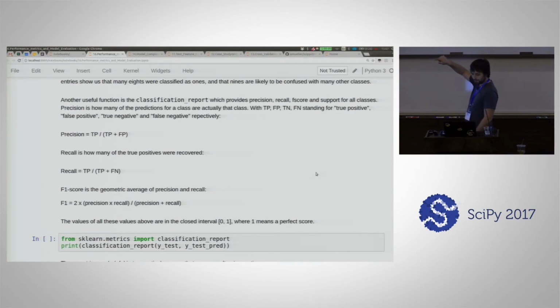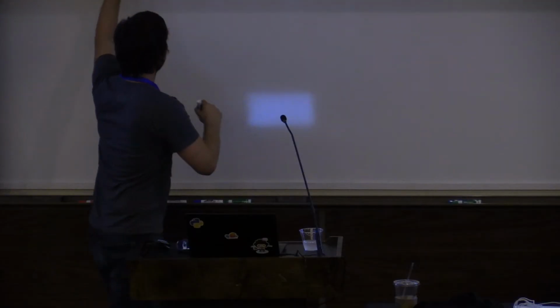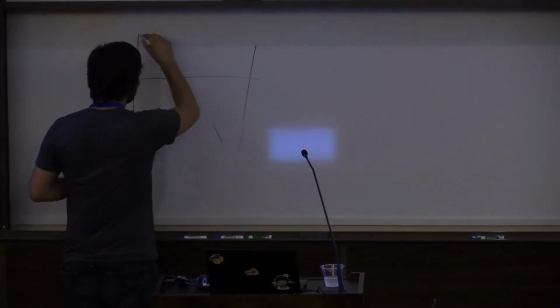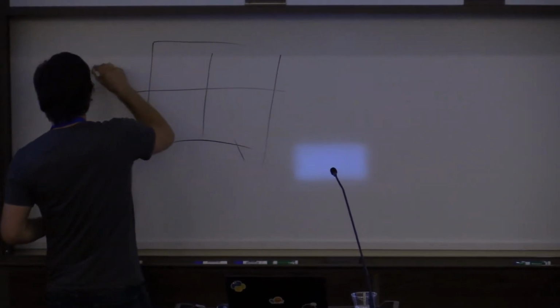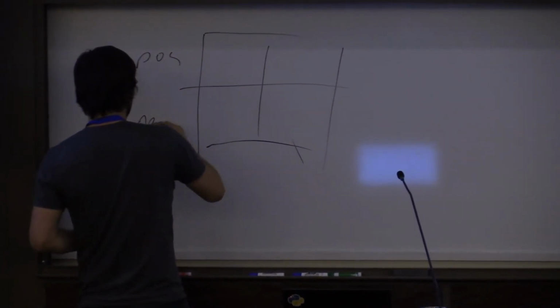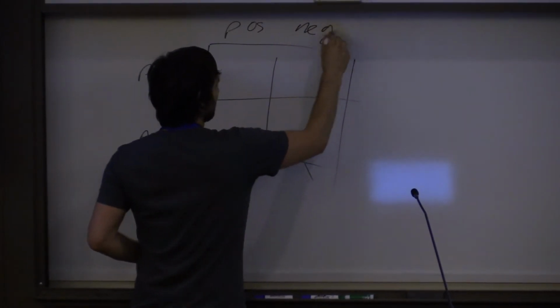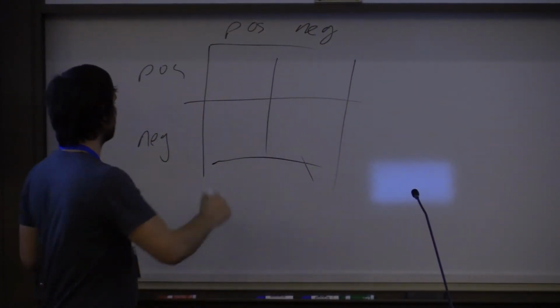So TP, FP, FN, and TN are basically the 4 entries of the binary confusion matrix. Let me just show it. So this is the binary confusion matrix, and this is.